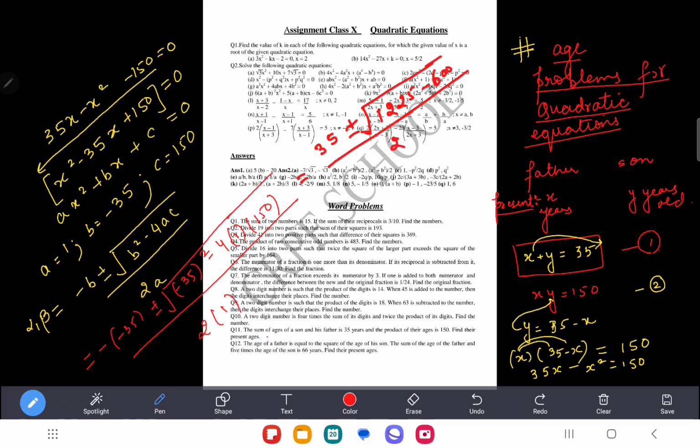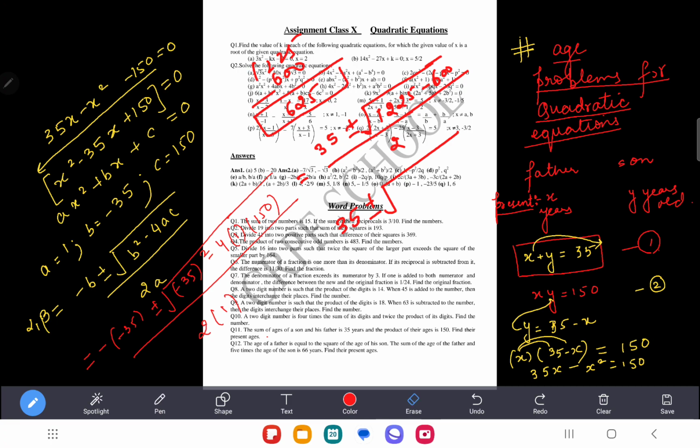Yes or no? Are you understanding my point? And now when I solve it, I get 35 plus minus, what is root 1225 minus 600? So you get 625, isn't it?